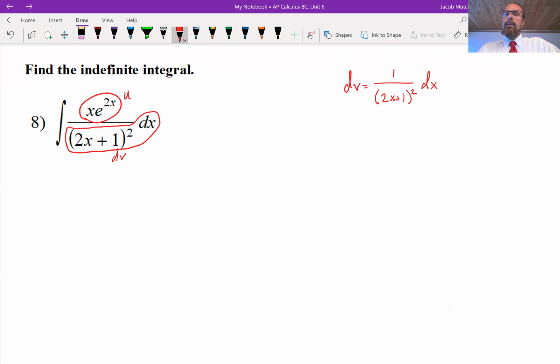So now we want to integrate to find just v. And to integrate that, really we probably need to make a substitution. So what I'll do here is we got to kind of do a side step. I'm going to call this 1 over u squared, which is really equivalent to u to the power of -2.